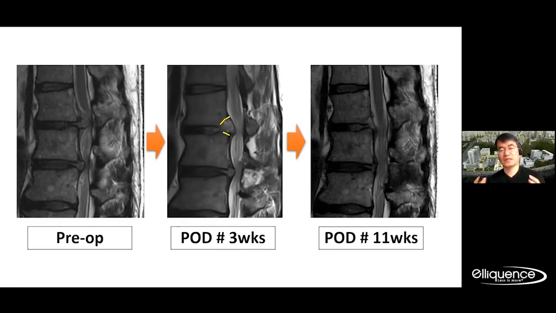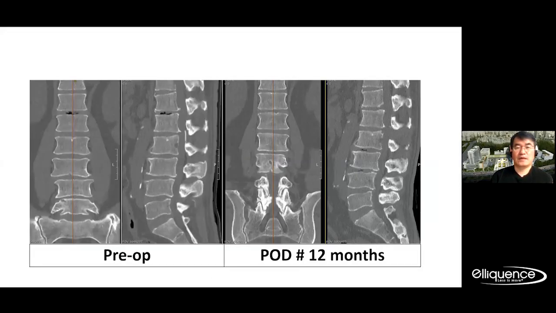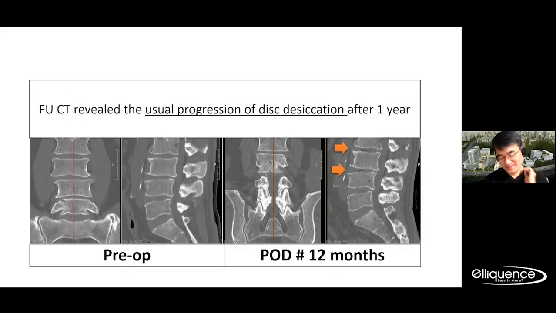Nowadays, we have very nice drilling system tools, and cutting the corner of the vertebral body could be done with the working cannula as well. That's why you can see this kind of image, right? But I'd like to share a very interesting, very positive finding of transforaminal endoscopic discectomy. This patient is a 56-year-old male.